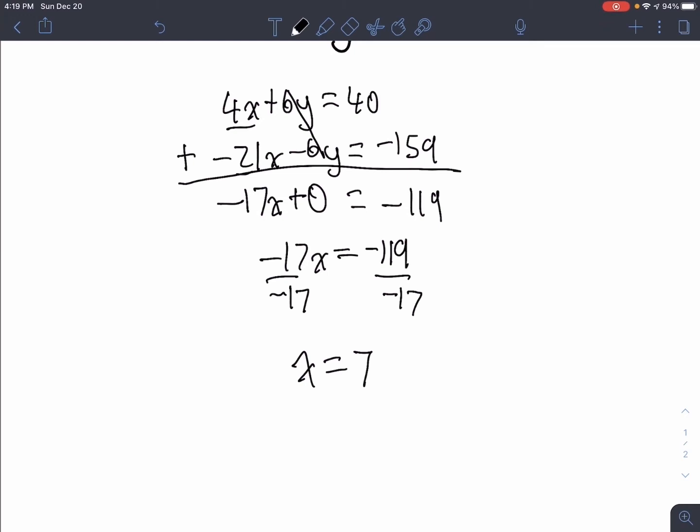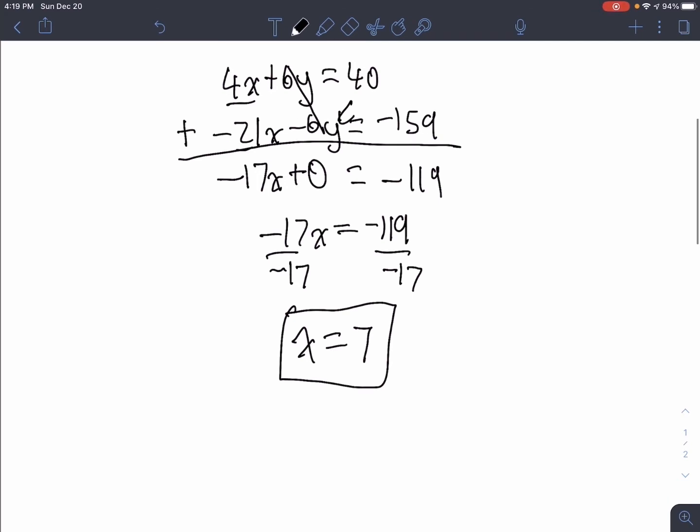Now we are not done yet, like we know from before. We're trying to solve for both x and y. So we are going to solve for y as well by plugging x equals 7 into one of the equations. Let's plug it into the first equation. So we would get 4 times x, which is 7. So we plug in 7 for x, plus 6y equals 40.